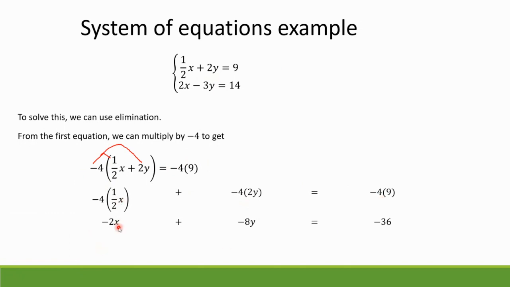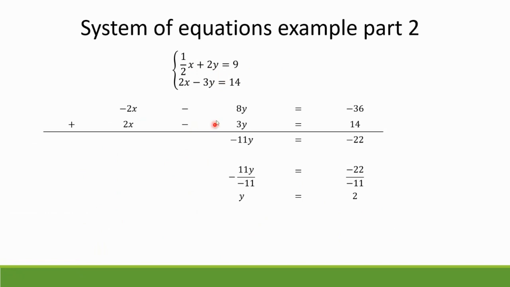So here we get -2x, because -4 times a half is -2. Here we have -8y and we have -36. So really what we're doing is replacing the first equation with this one, and we can add that to the second equation.